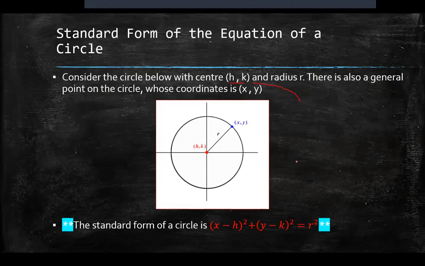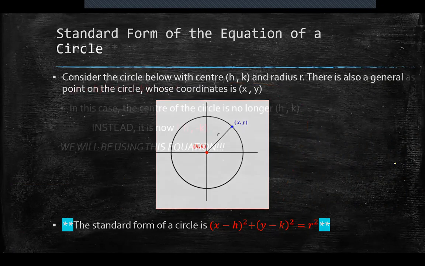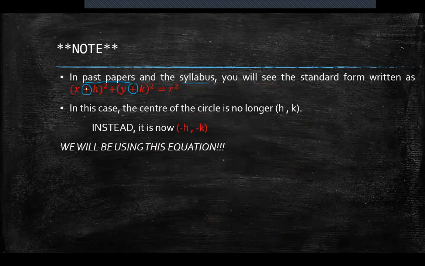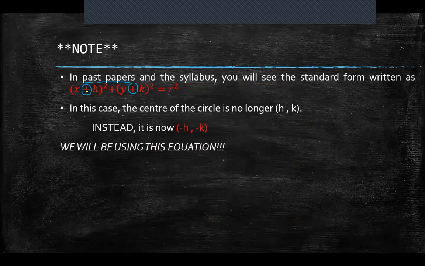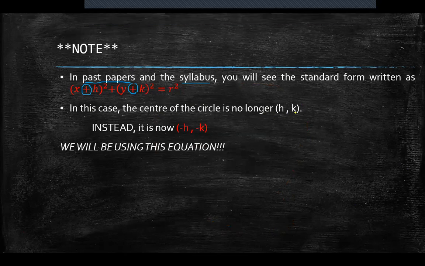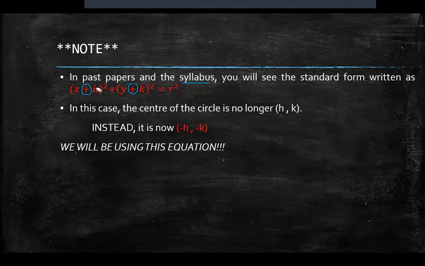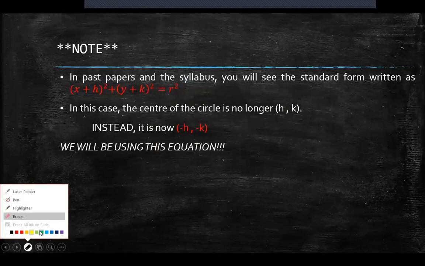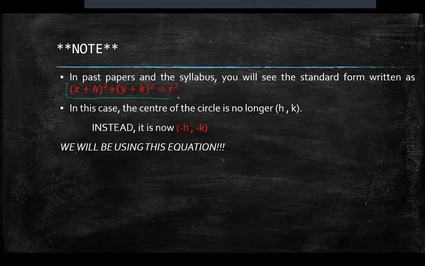The center is HK when using this formula, with the minus and the minus. When you put a plus sign instead of the minus, the center is no longer HK. The center is now minus H minus K. So this equation here is the equation we would be looking at for this whole topic.